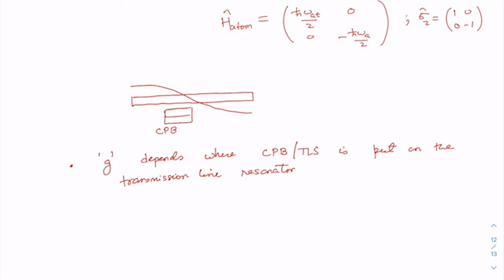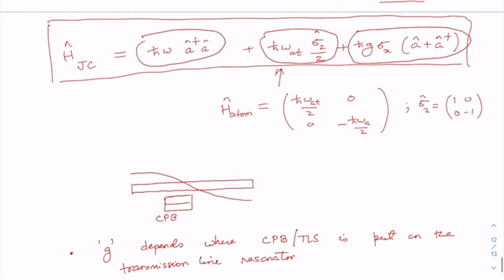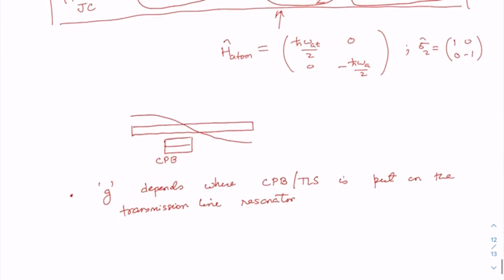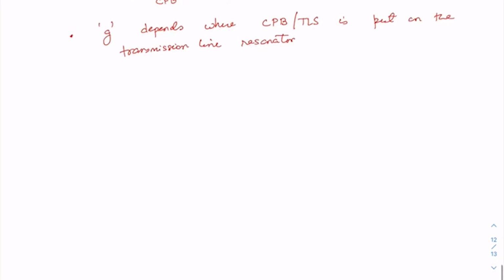Now we'll discuss the solution of this Jaynes-Cummings model, and for our convenience, let me take the ground state of our two-level system to be at 0, and the excited state would have energy h cross omega atom, where omega atom is the transition frequency between the ground state and the excited state.